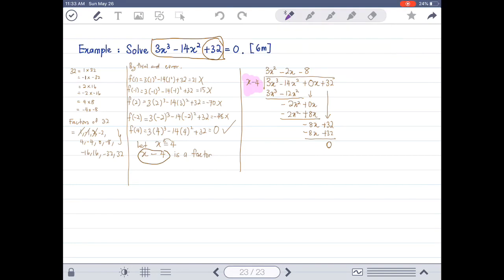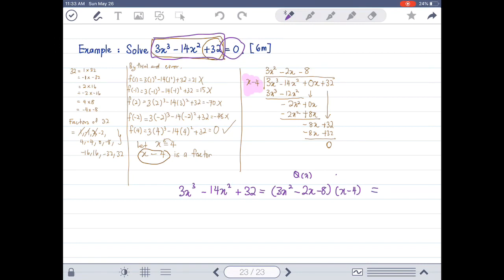So we have 3x to the power of 3 minus 14x squared plus 0x, no need to write 0x, plus 32 is equal to 3x squared minus 2x minus 8, this is q(x), times divisor x minus 4 plus remainder. So remainder is 0, so you don't have to write the remainder. And again, this whole thing is equal to 0.